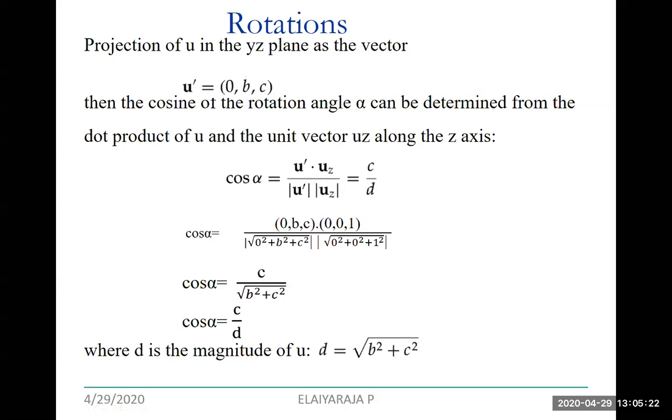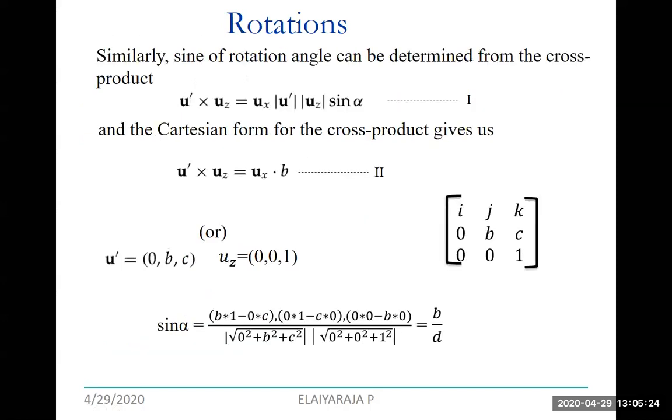Similarly with respect to the cross product, the cross vector calculation, you can put into a matrix, writing the complex numbers i, j, k: i into b minus 0, minus j into 0 as well as 0, plus k into 0 minus 0. Similarly you can write the cross product of your u dash, 0 comma b comma c, and the unit vector along the z axis, 0 comma 0 comma 1.